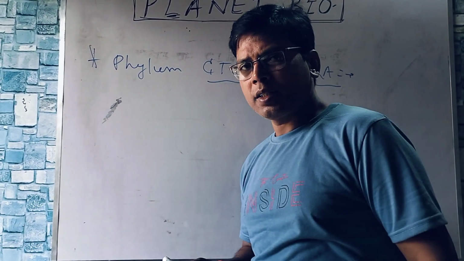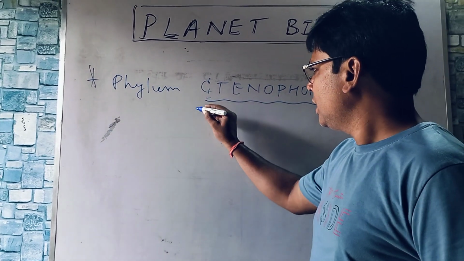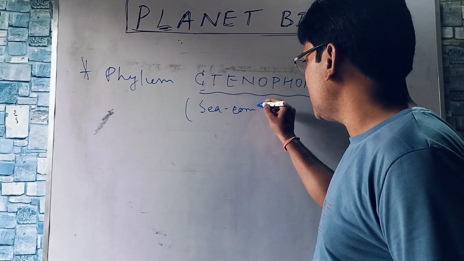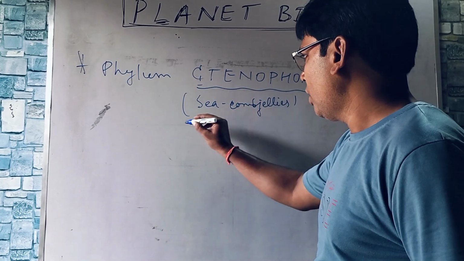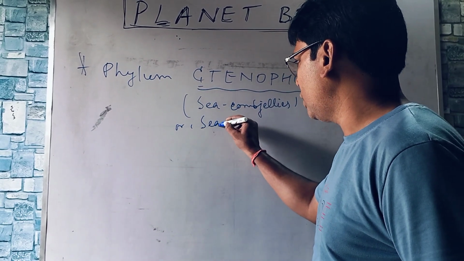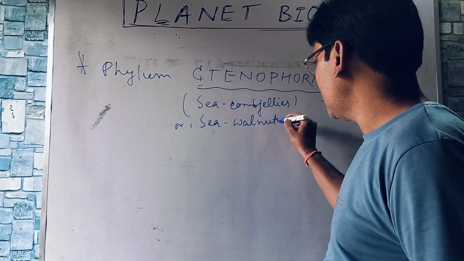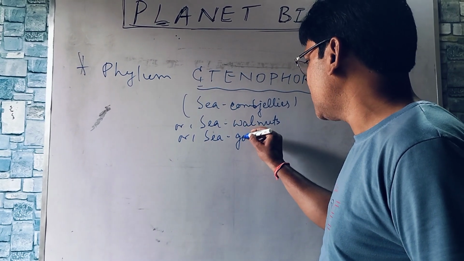Now you see the next phylum is phylum Ctenophora. C is silent. Ctenophora means they are also called sea comb jellies, as they are exclusively found in marine water, or they are also called sea walnuts, or they are also called sea gooseberries.